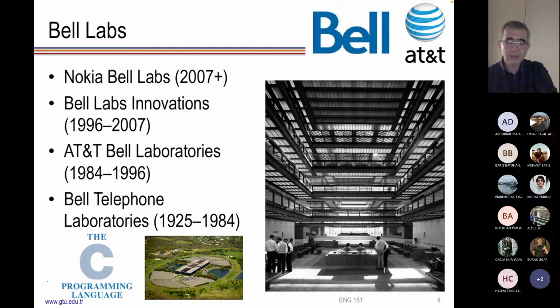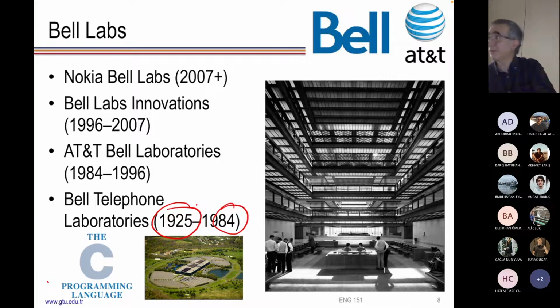The book that we continue to follow today in this class, the C programming language book, was written in that laboratory in the 1970s. They established the laboratory in 1925, and it was named Bell Telephone Laboratories until 1984. So it's a huge time.